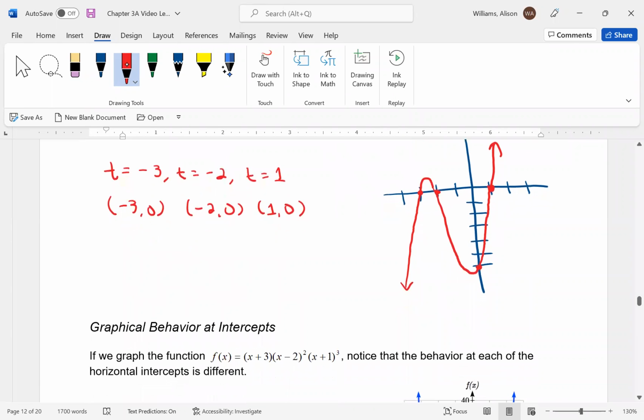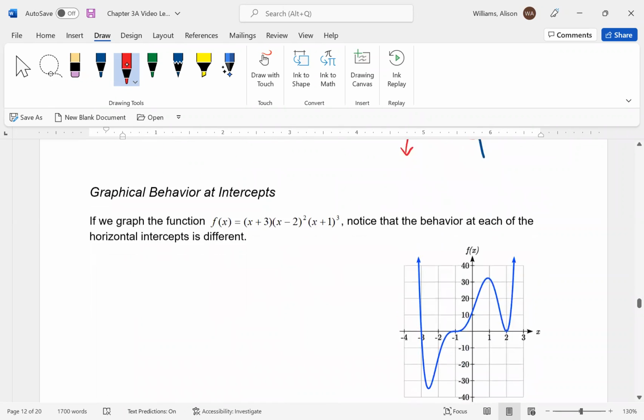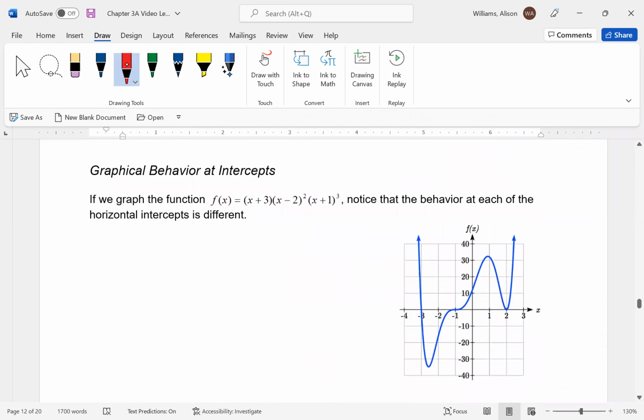Okay, so we're going to do a little bit more exploration with this. And looking at this function, as you can see in this graph here, the first factor, x plus 3, is going to occur right there at -3.